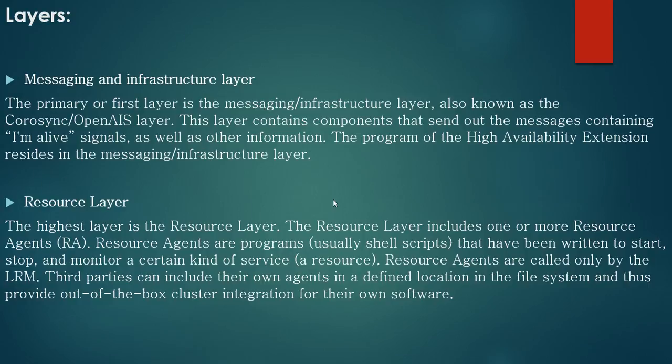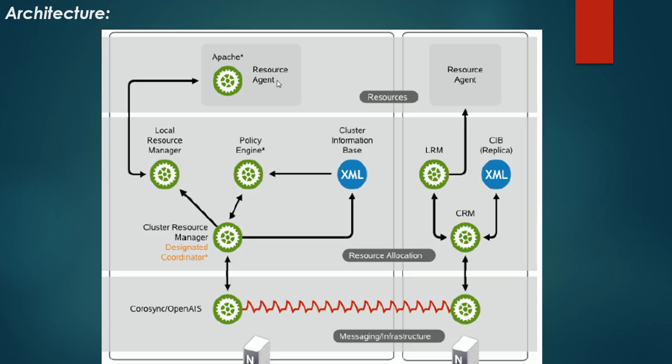Now let me try to explain the first one. The resource layer includes one or more resource agents. Why does it say one or more, when in this slide it says only one resource agent?